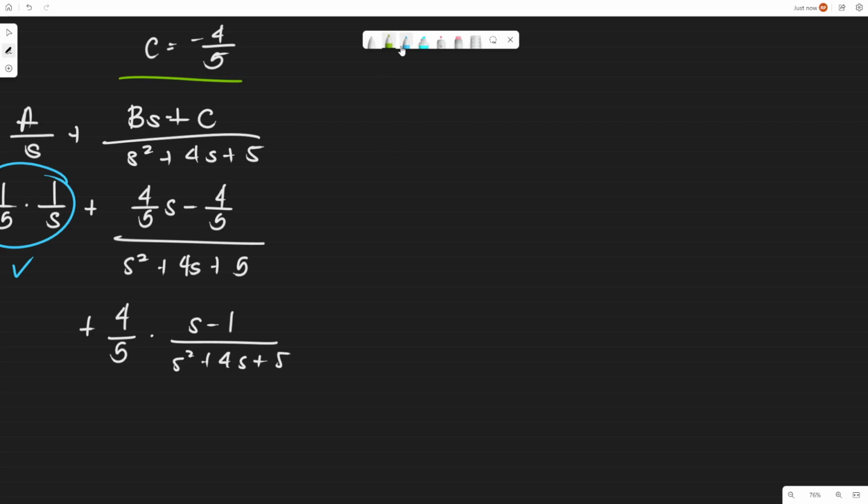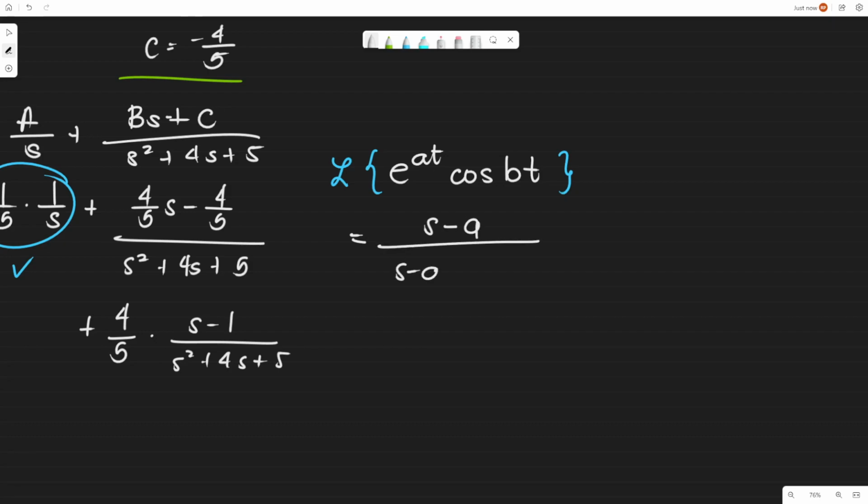So the Laplace transform of e raised to at multiplied to cosine bt. Okay, so pag ginawa natin yung Laplace transform na to, this is equivalent to (s minus a) over ((s minus a) quantity squared plus b squared).